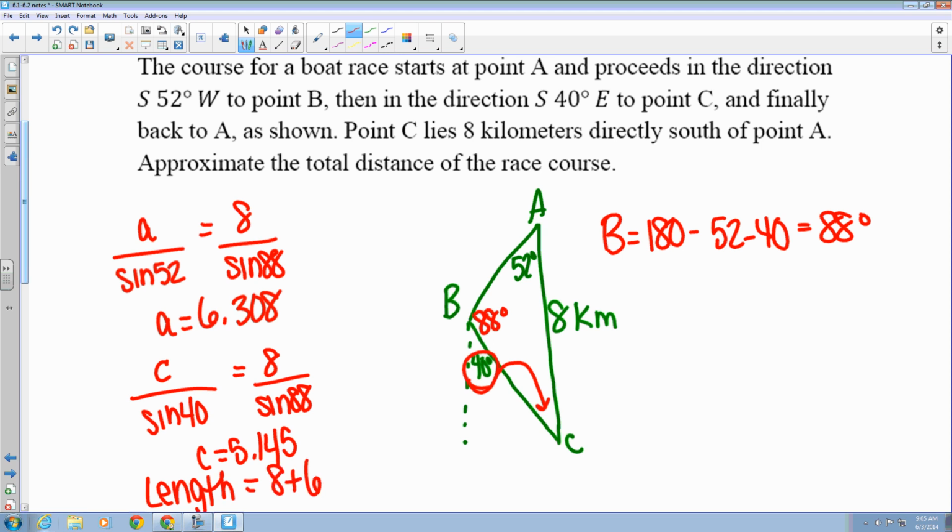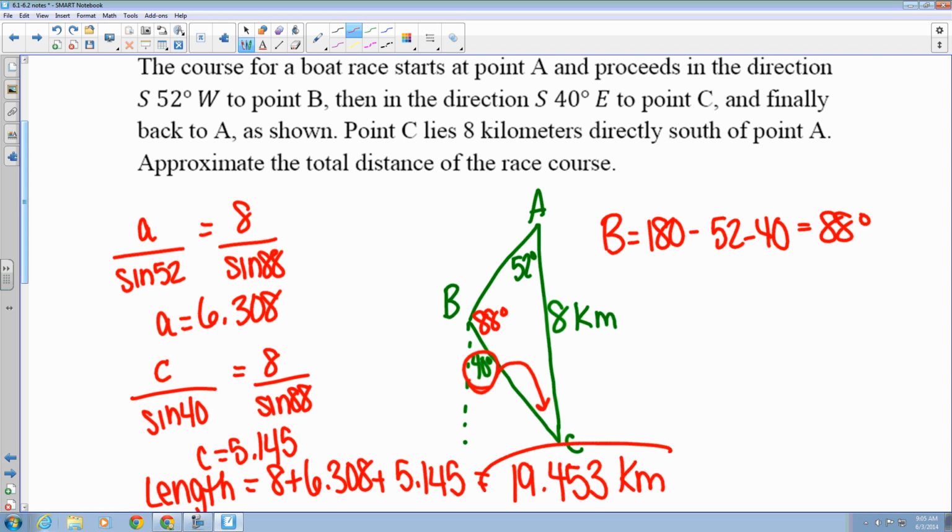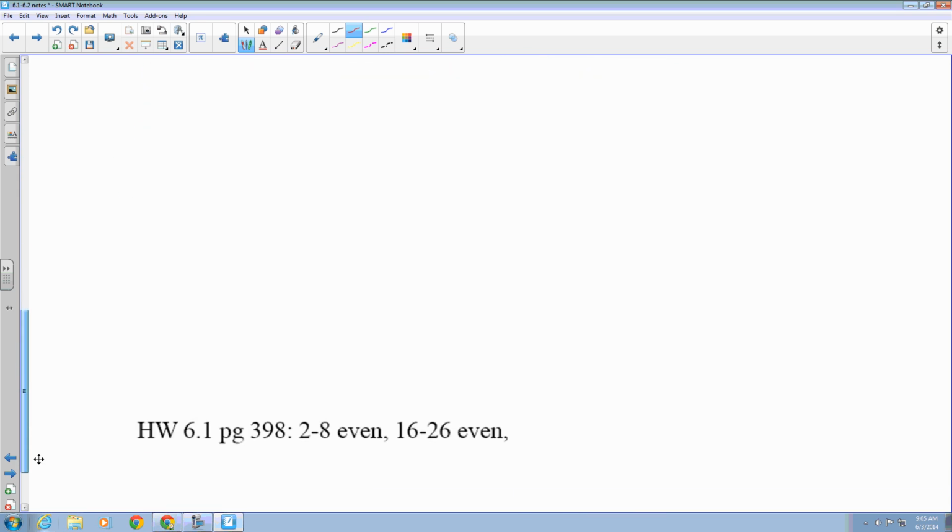So we add all 3 sides together. And I get 19.453 kilometers total for our race course. And that gives us section 1 on the law of sines.